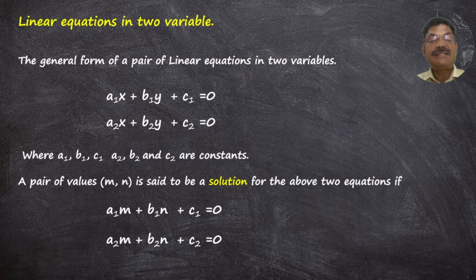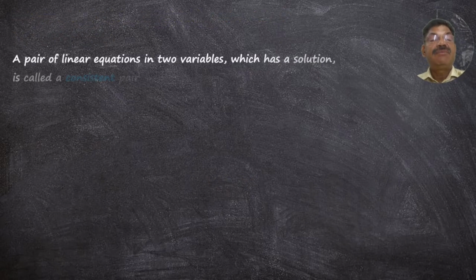You have to replace x by the value m and y by the value n. Then the equation must be satisfied. You have to get 0 in both equations. In that case, we say m, n is a solution for the pair of linear equations. Now let us see some definitions.